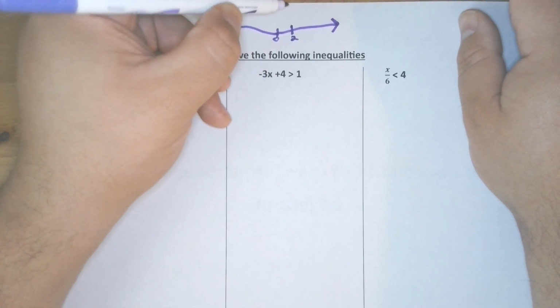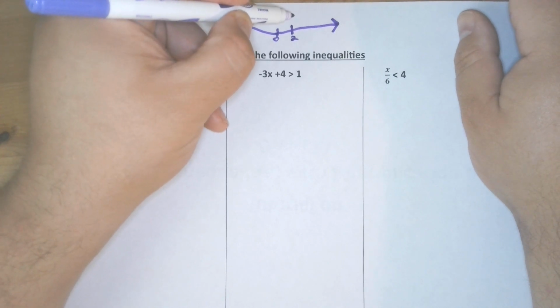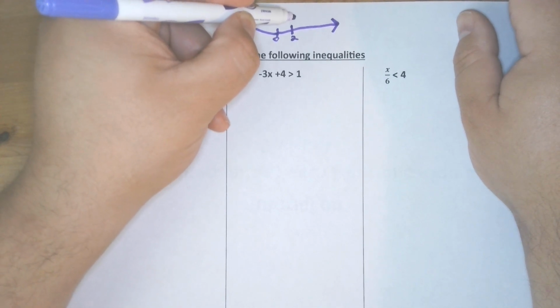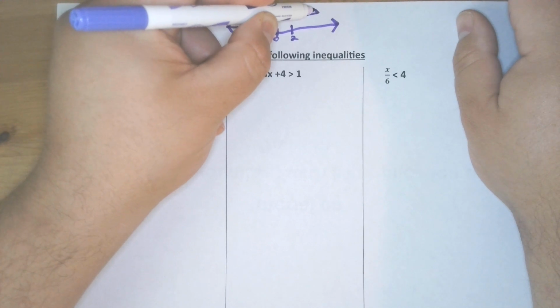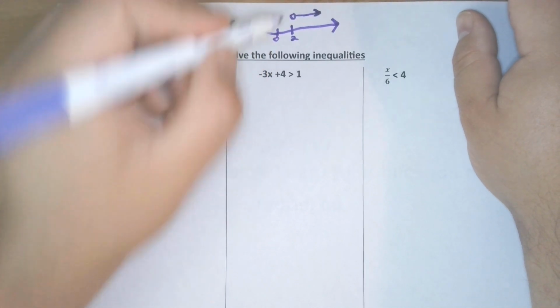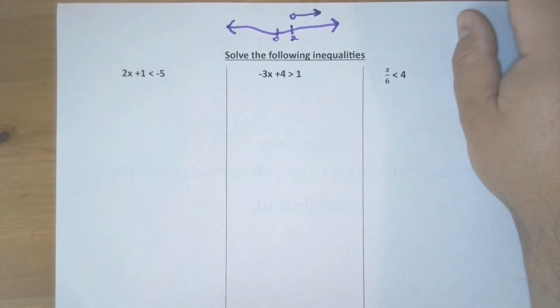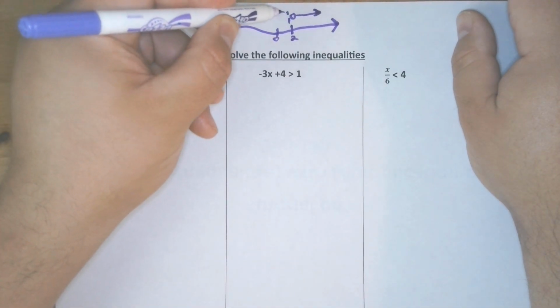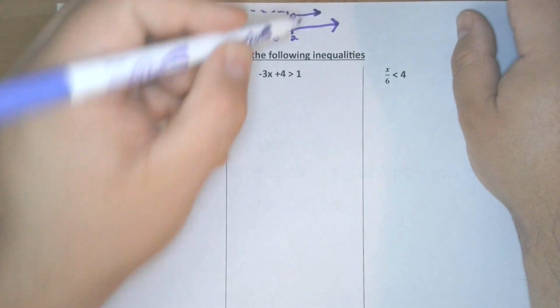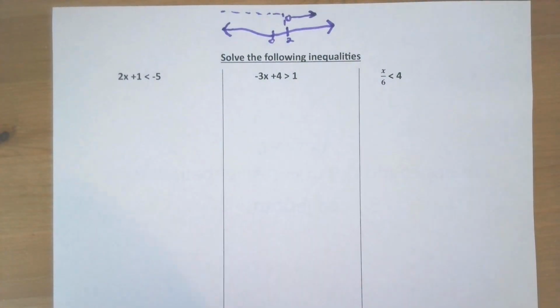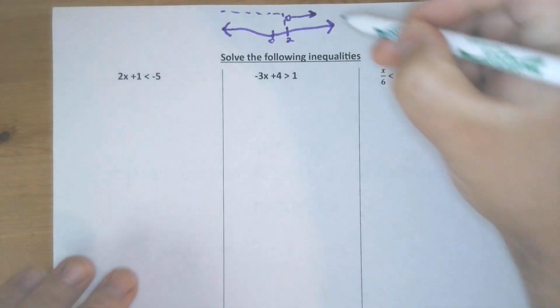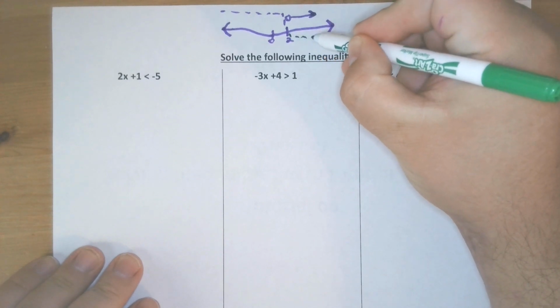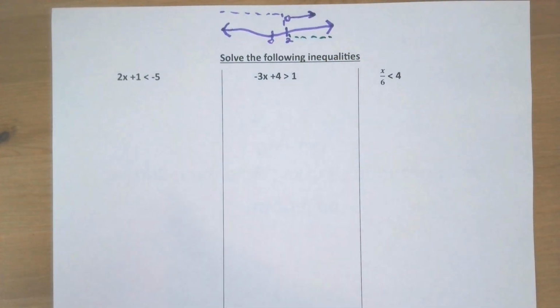Maybe my inequality goes open here, and then it goes that way. So I've shaded in my inequality. What I notice is that there is this larger region, which I'll do in these dashed lines, and then there is this other smaller region. We could think about it like that.